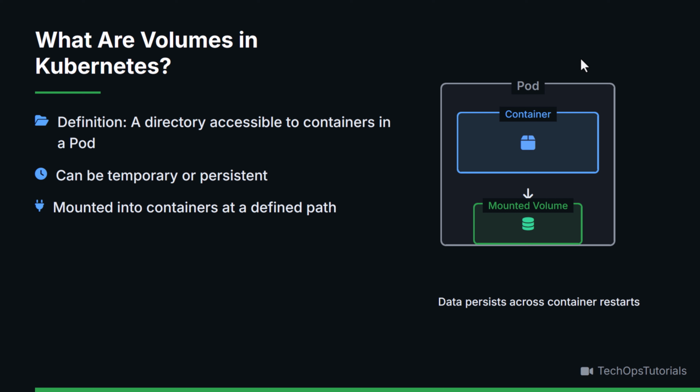Most importantly, volumes are mounted into a container at a specific path. That means applications don't need to worry about where the data is stored. They just read and write to that directory. In short, volumes give a container a stable and reliable way to handle data.